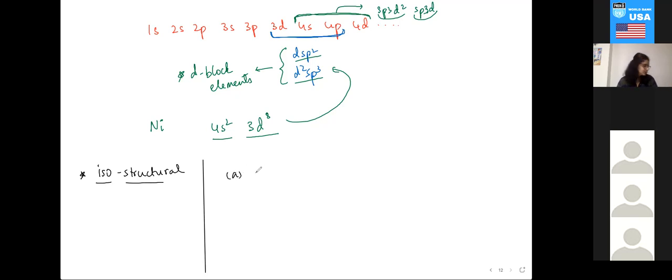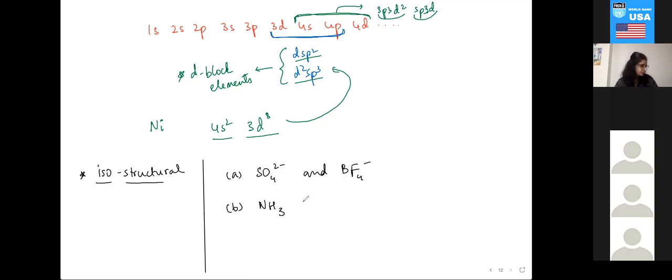So the first option is SO4 2 minus and BF4 minus. So even if they're ions, you don't have to worry. That just tells you that it has that many extra electrons. You still have to consider how many atoms it is bonded to, things like that. Give it a try. If you guys are stuck, I'll explain it.